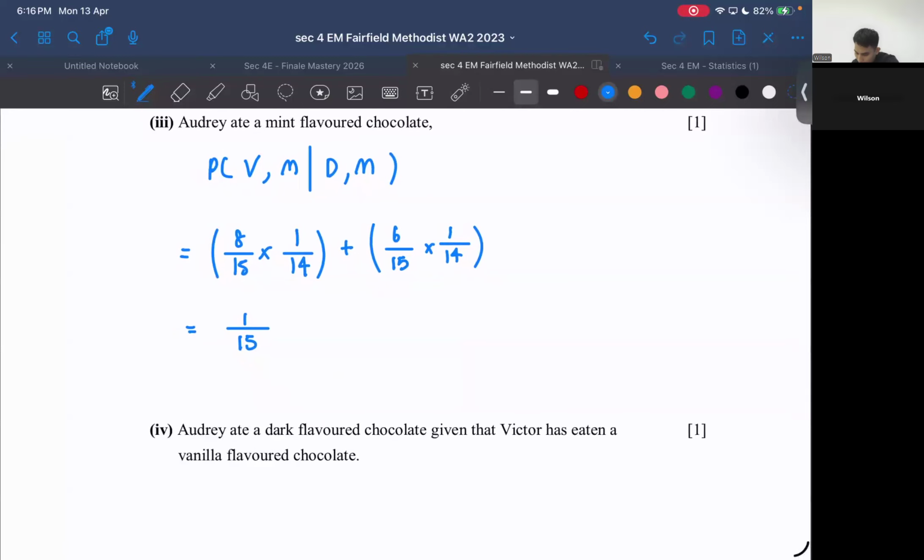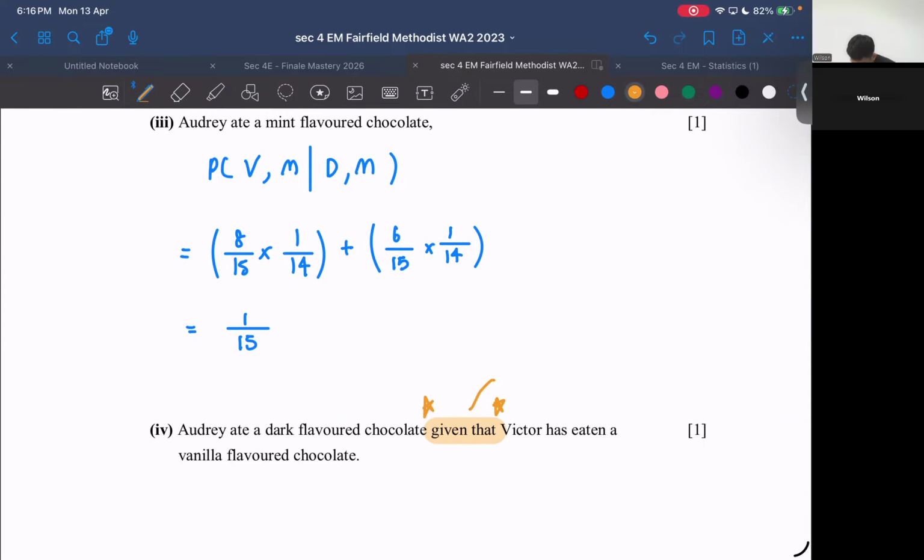Now, the last one over here is very, very tricky. Okay, now I'm going to read the question for everybody. The question says this: we want to find the probability that Audrey ate a dark flavored chocolate given that. Everybody please go and highlight this, and go and star.